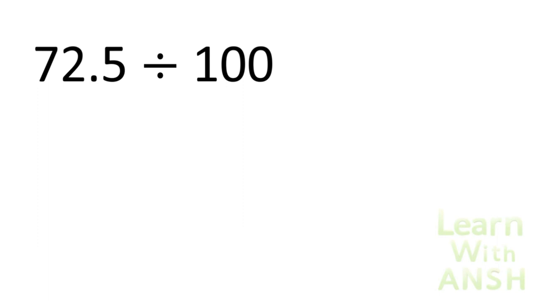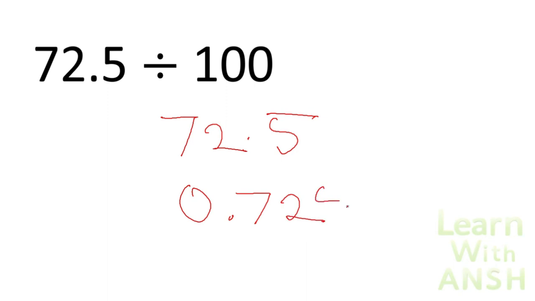So we have 72.5 divided by 100. If we divide it by 100, our decimal point will shift 2 places to the left. So it will become 0.725, and that's our answer.